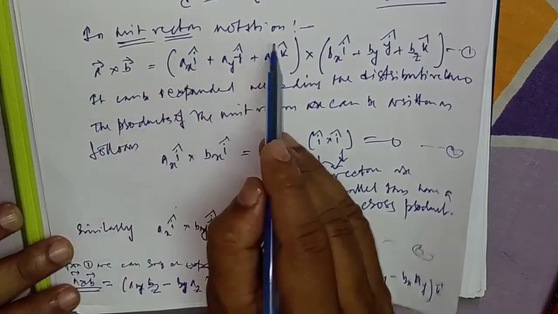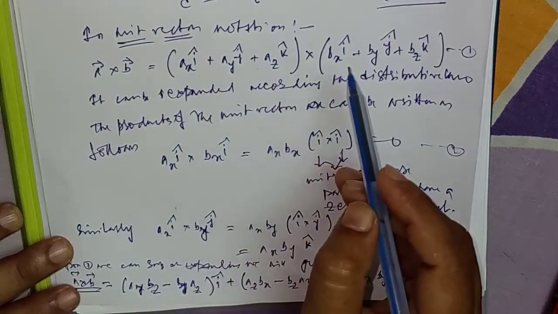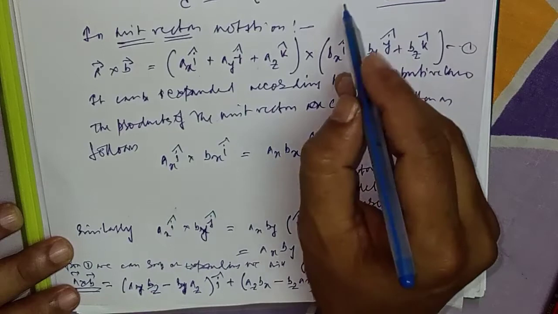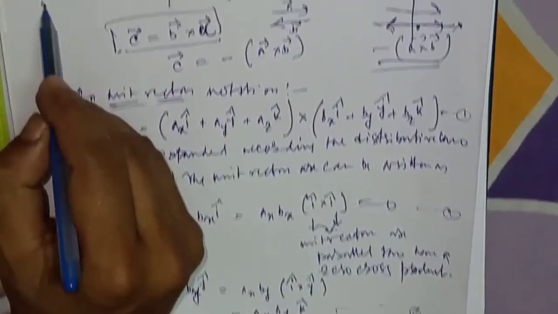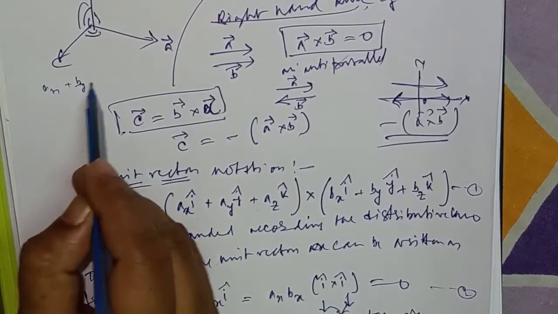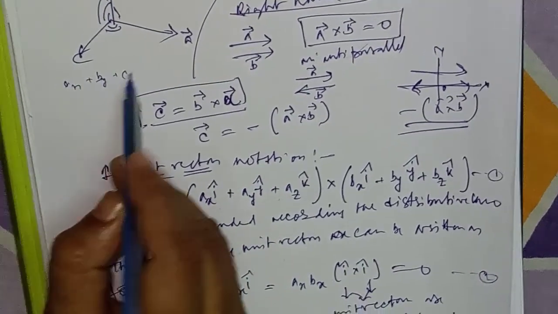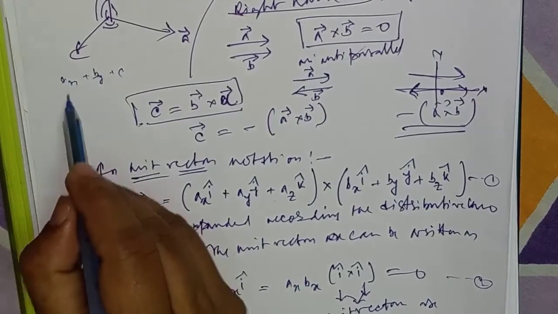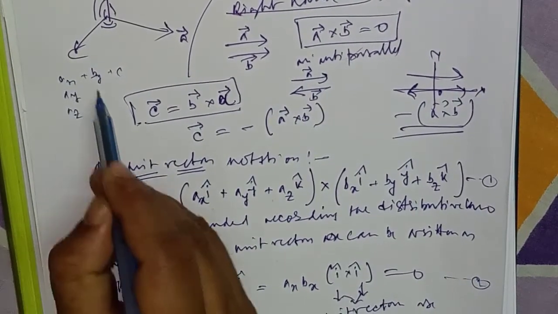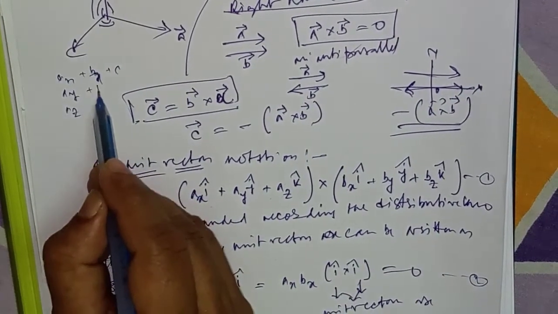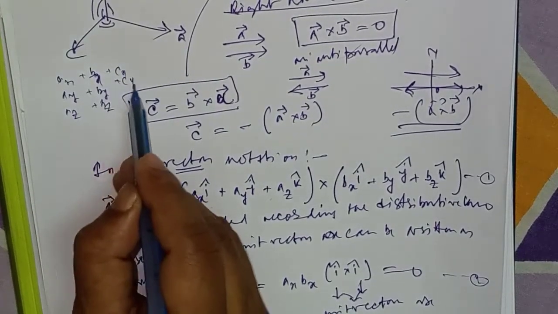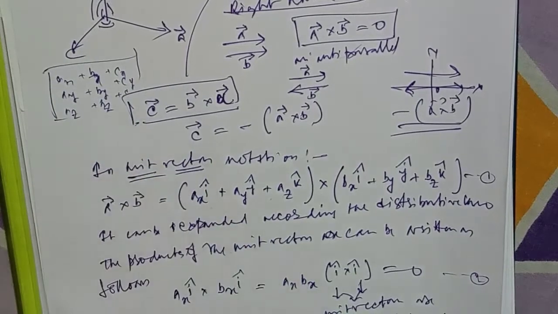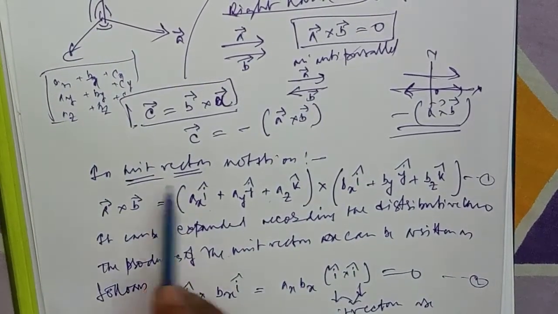Similarly, in unit vector notation, we knew that all the components of the vectors are ax, ay, az, bx, by, bz, cx, cy, cz. All of these components we later added with the unit vectors.